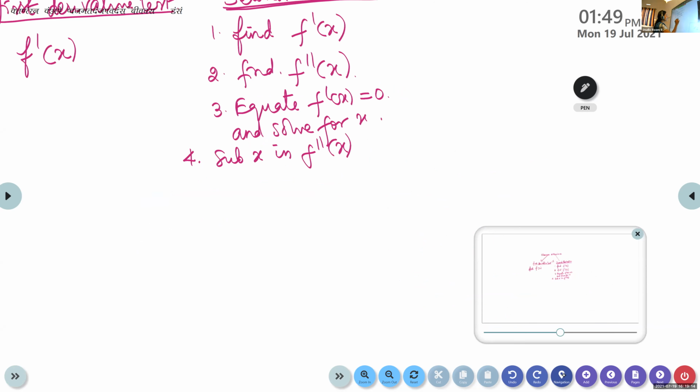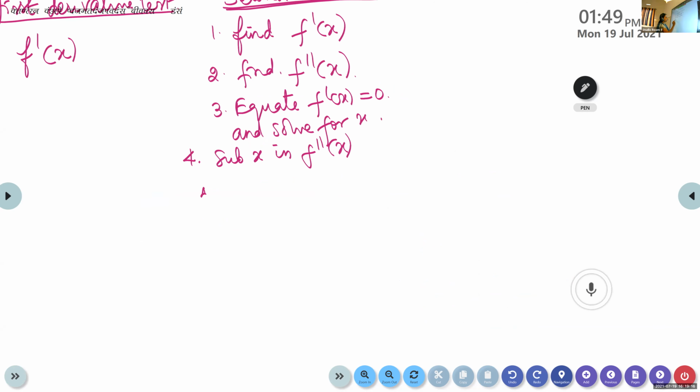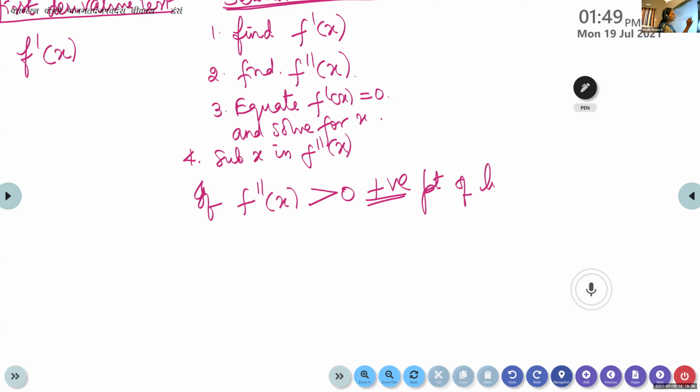If f double dash of x is positive, that is greater than 0, it is a point of local minima. Note it. Positive means it is a point of minima.